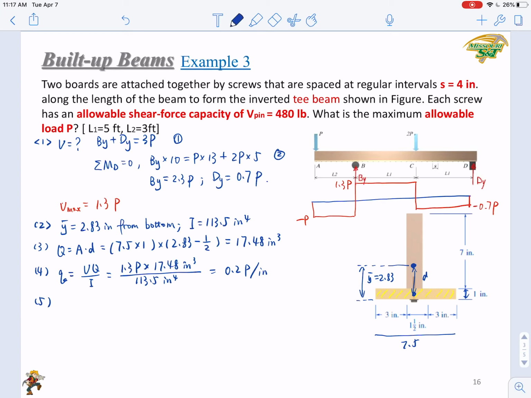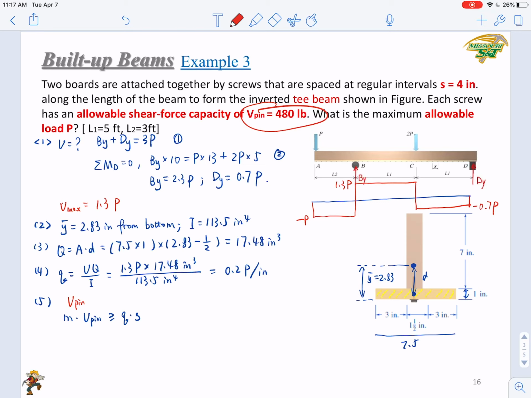So the regular step 5 will be M V pin larger than qS. Here we know the V pin. It had been given, as shown here.